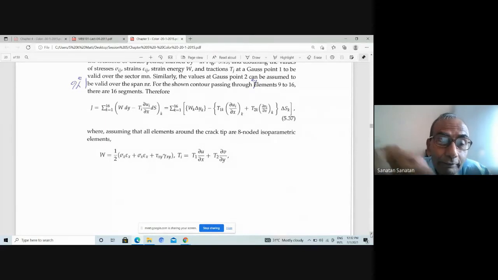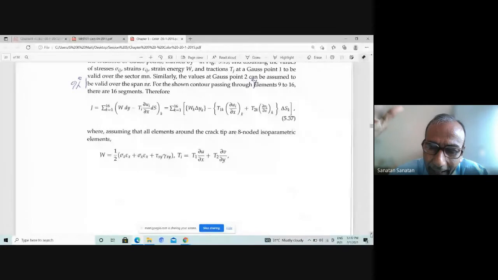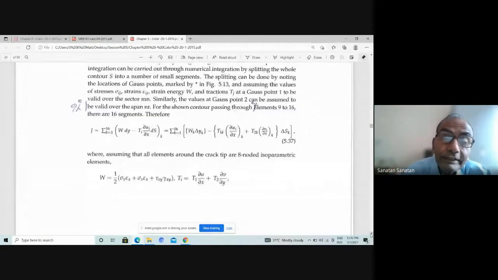So I can break that contour into a number of small segments, which is shown in this diagram.